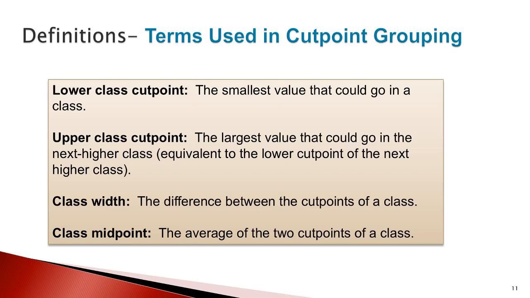And then the class width, the difference between the cut points of a class. And finally, the class midpoint, that is the average of the two cut points of a class. Now we are done with the definitions of cut point grouping.